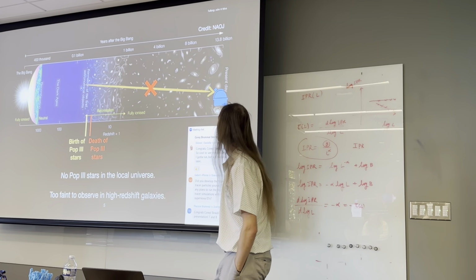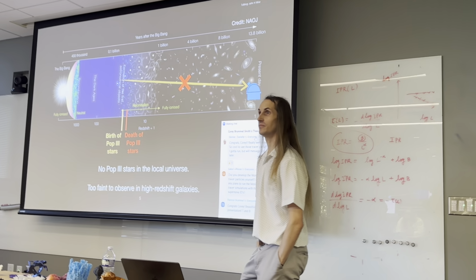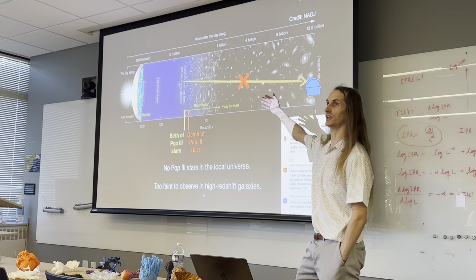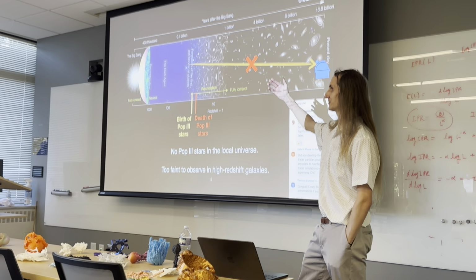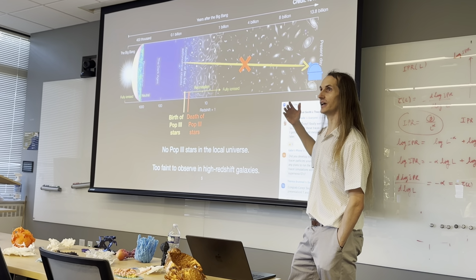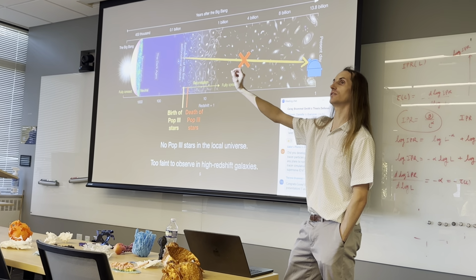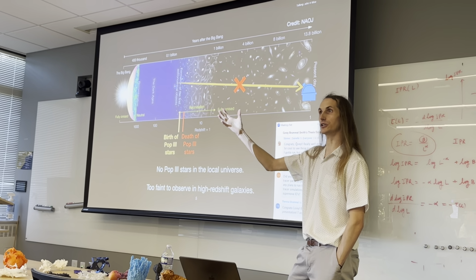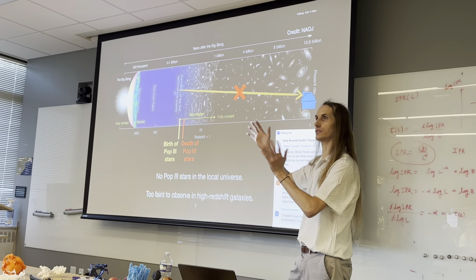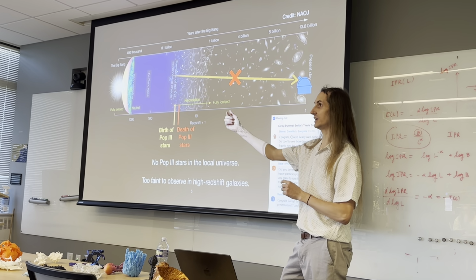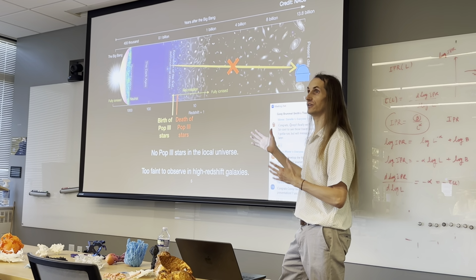Good question. Yeah. So the fact is there probably is light from pop 3 stars that is reaching Earth right now. It's just that it's too faint to resolve that star to be able to see its structure and the clouds around it or anything like that. So the light is coming in. It's non-zero. It has an effect.